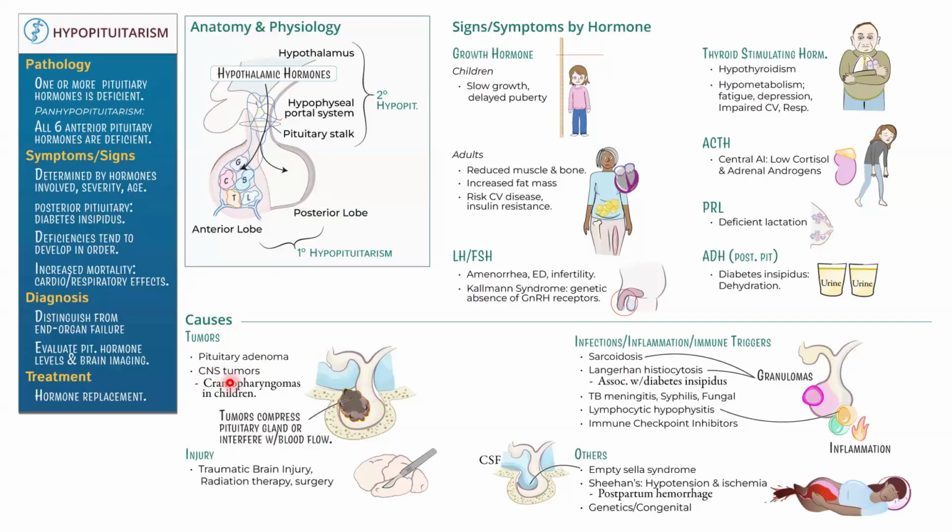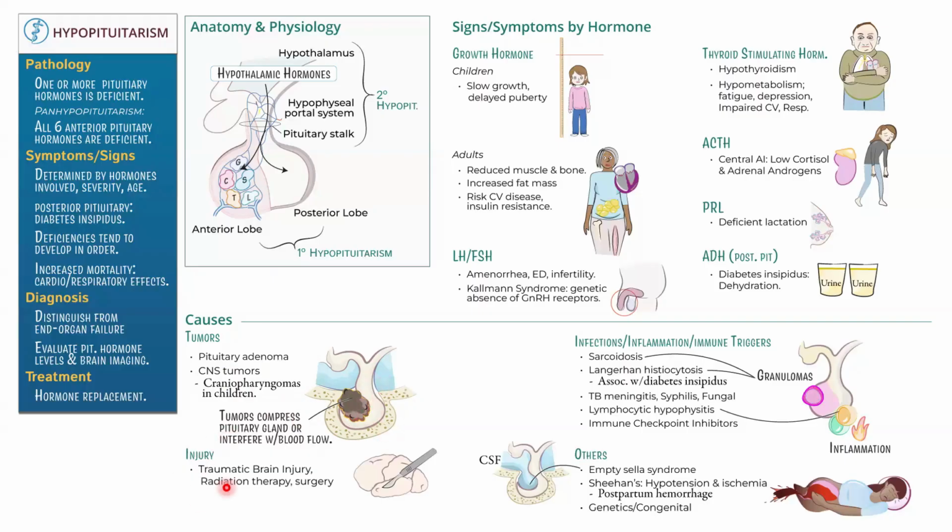And then the other type of tumor that we need to know is the craniopharyngiomas. These craniopharyngiomas are found in children. Once again, they can compress the pituitary gland. So tumors compress the pituitary gland or interfere with its blood supply, and due to that, there are issues with the pituitary gland.